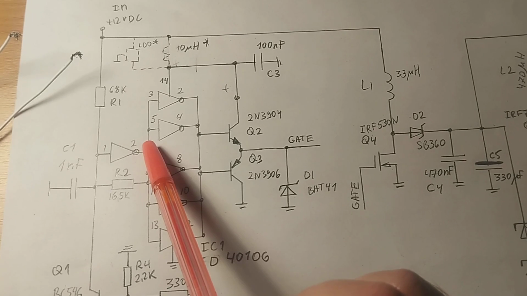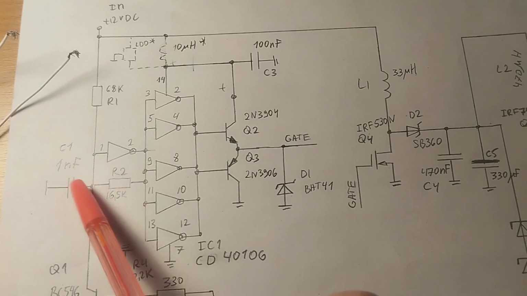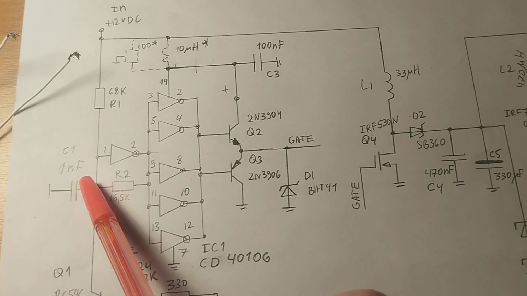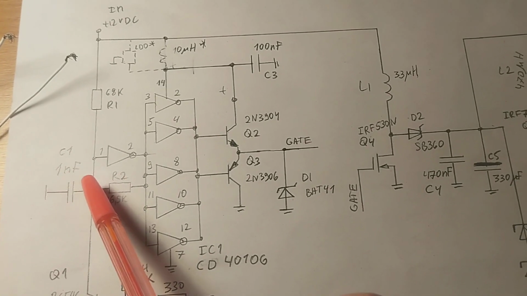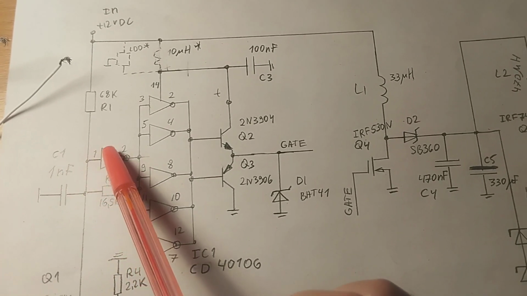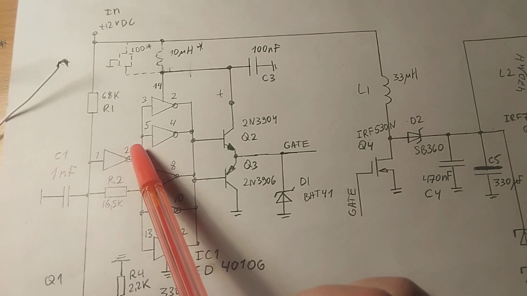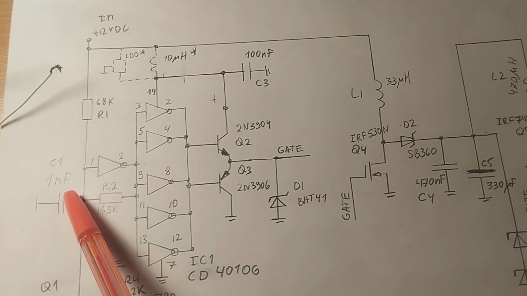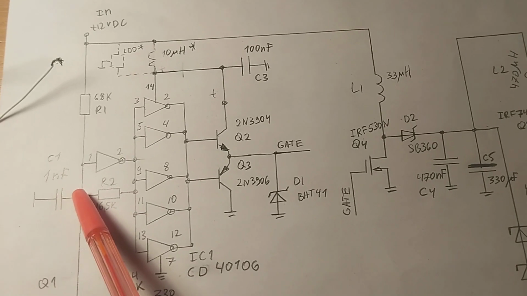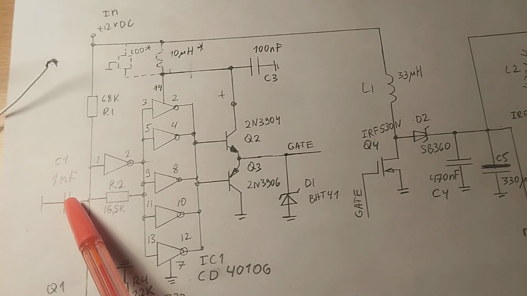When the output becomes high, the voltage flows through the resistor and charges capacitor C1. When the capacitor has enough voltage and reaches the threshold of the input trigger, the voltage on the output becomes low, and the capacitor discharges through the resistor until the voltage becomes low.